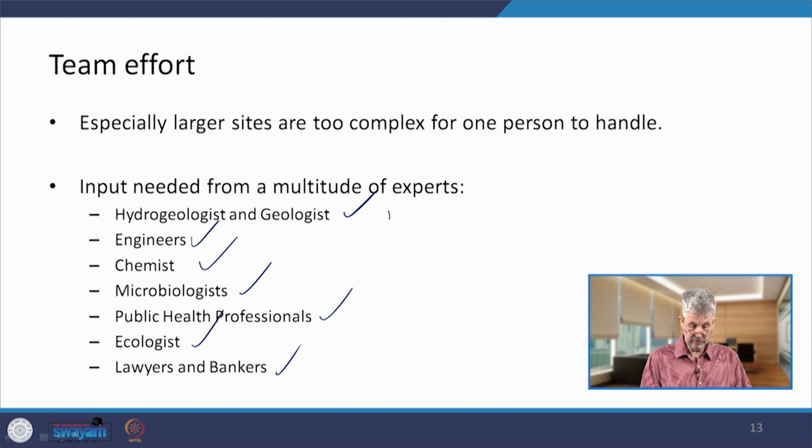So it's not just researchers and engineers, but a whole lot of people with different backgrounds coming together to answer or brainstorm on the development of the site remedy.